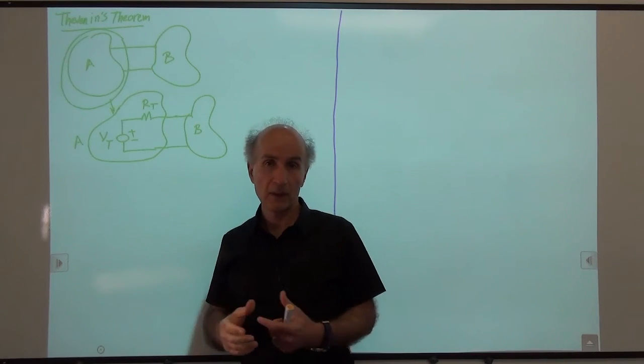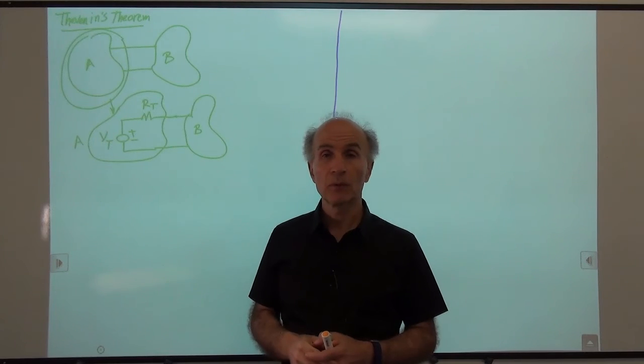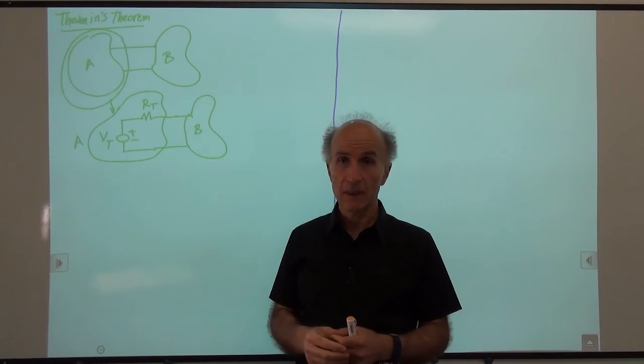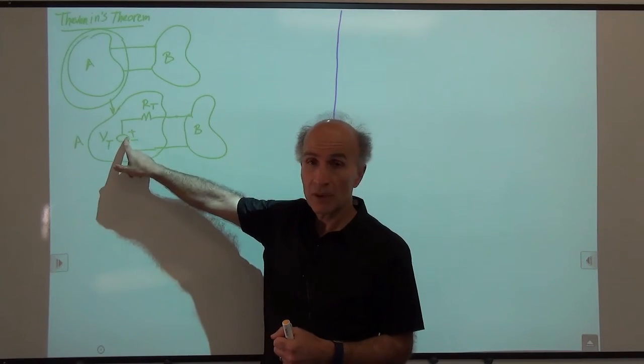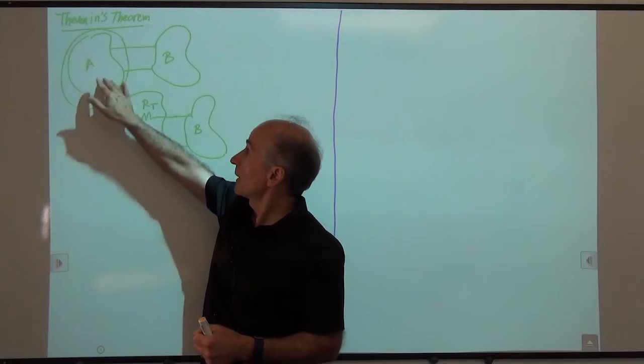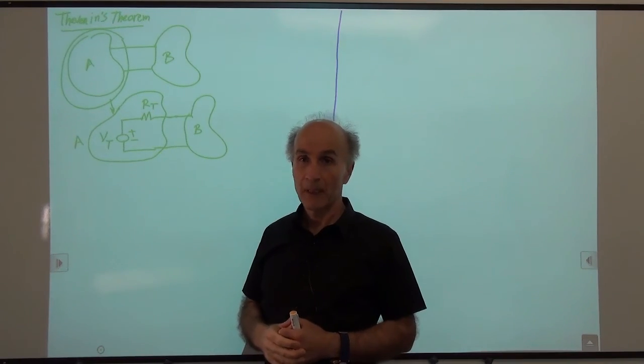All right, so that's the procedure that we need to show. And that's something that we will talk about next time. Next time we will see it's actually pretty easy how we find this voltage, how we find this resistor, so that we can take this complex part of a circuit and replace it by something simpler. I will see you next time.